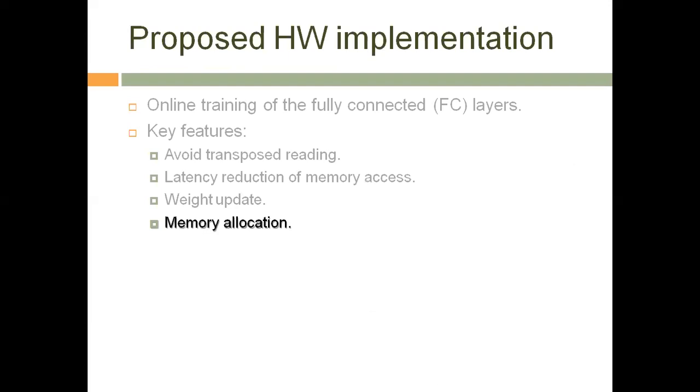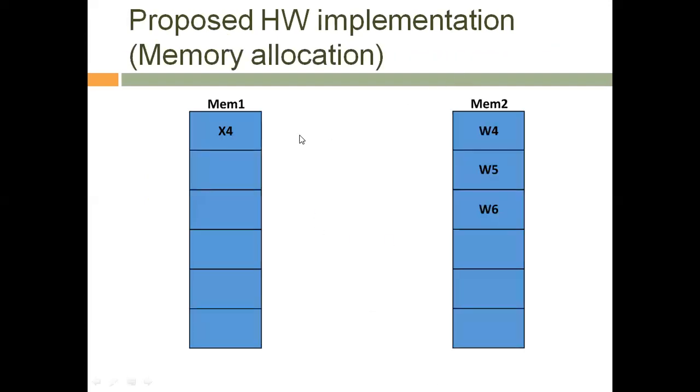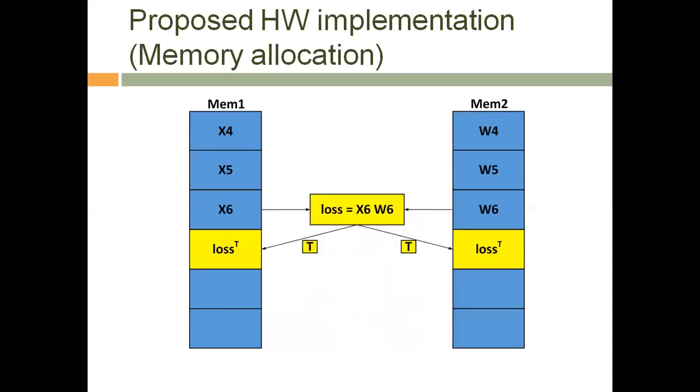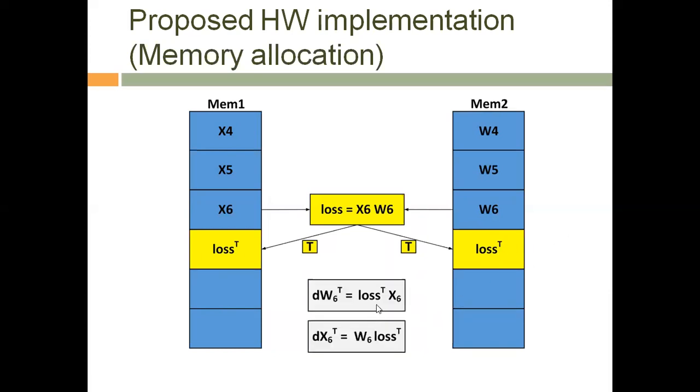For the memory allocations, we start with X4 and the three fully connected weights. We avoid reading mat1 and mat2 from the same memory. So here we write X5, X6. For the loss, we write it in transposed form. Loss will be required as mat1 to get the weights and mat2 to get the propagated errors.